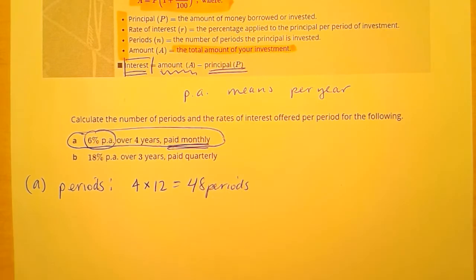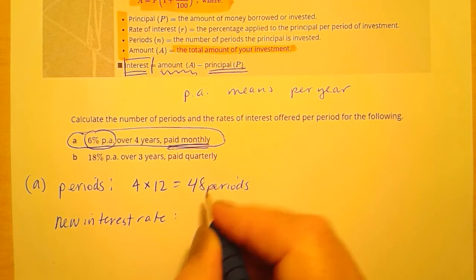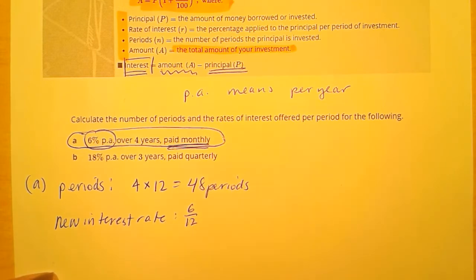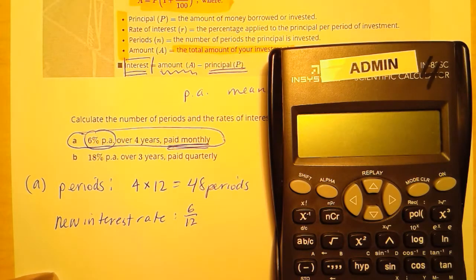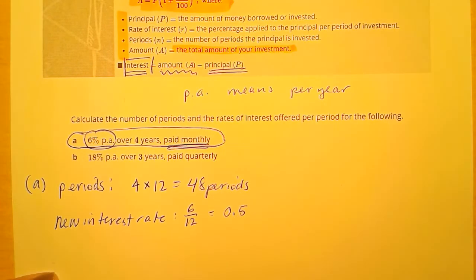Now they're not going to pay you 6% for every one of those 48 periods, because they only pay 6% per annum. So the new interest rate is, you would guess, 6 divided by 12, because I'm only going to pay per month. Do I really need to do this on a calculator? Nah. That's 0.5.